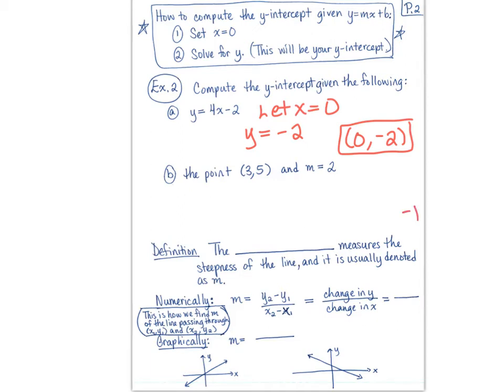What would x be at negative 1? Say it loud. 0. Good. So (0, negative 1). Very good. So to write this out, b would be equal to 5 minus 2 times 3, or in other words, 5 minus 6, which is negative 1. What questions do you have?